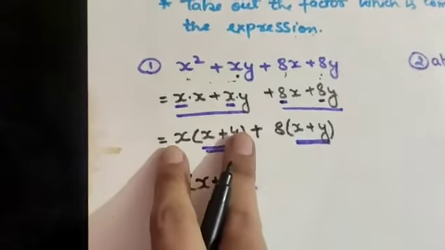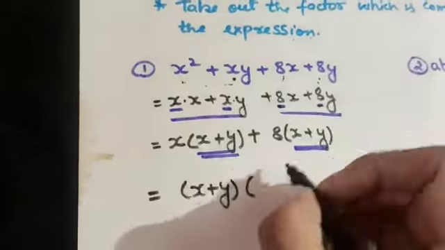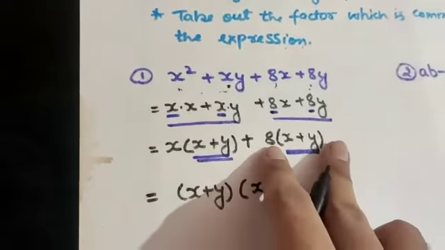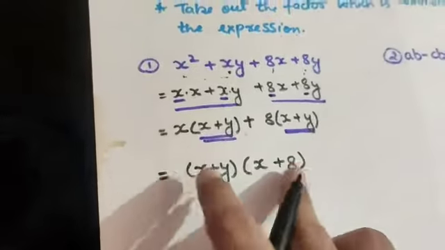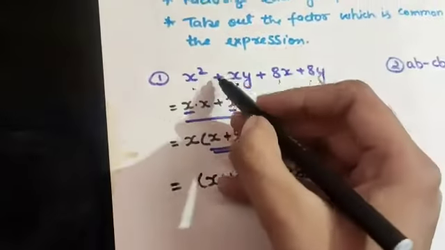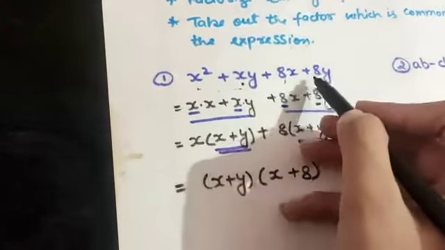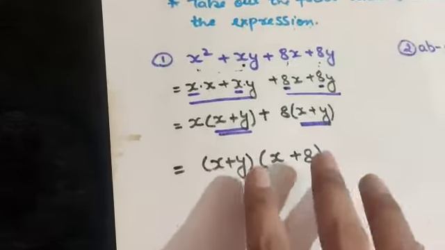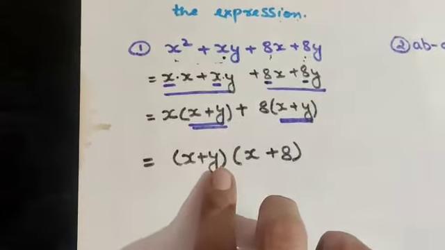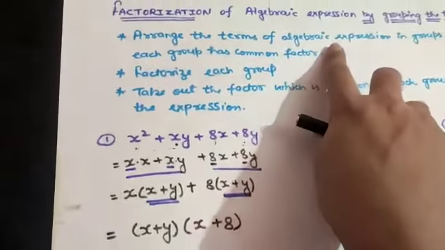Now what is left in the first term is x and what is left in the second term is 8. Right? So this is the way we factorize the given algebraic expression by grouping the terms. This is the very basic example to understand this concept.